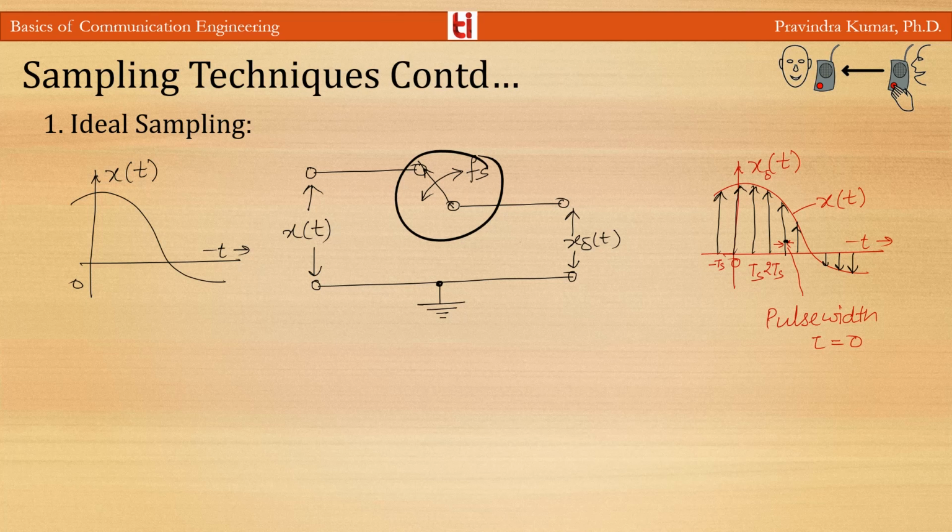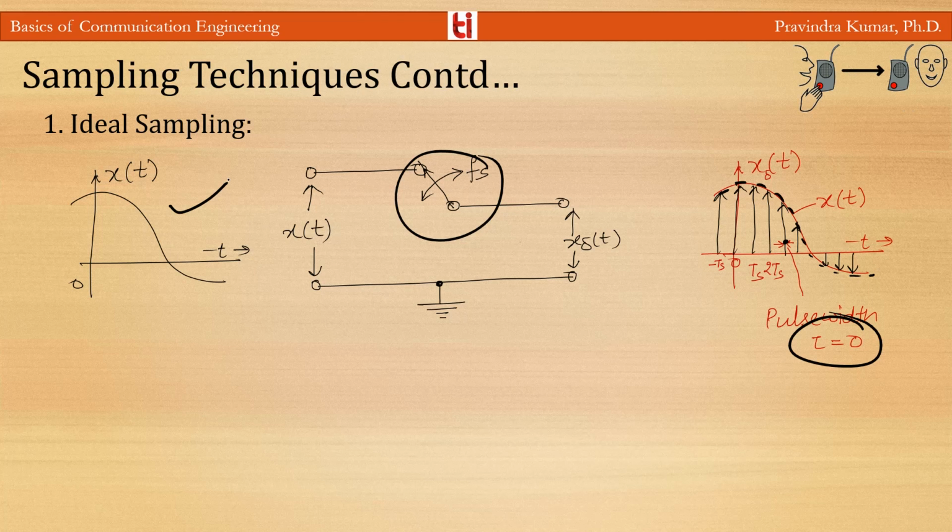Since the width of the pulse approaches 0, here you can see the width is 0. The instantaneous sampling gives a train of impulses of height equal to the instantaneous value of the input signal x(t). So the amplitude or height of the impulses varies according to the baseband signal.